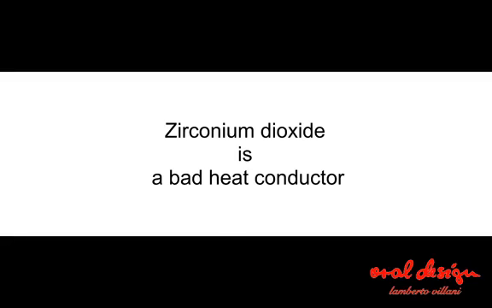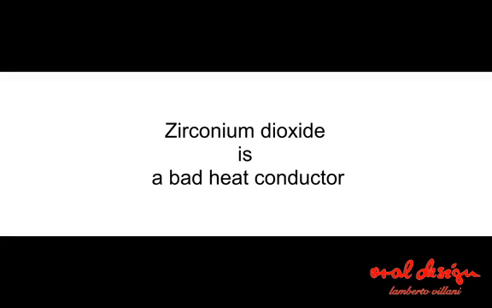So after baking the ceramic on your framework, you have ceramic very well baked outside, but inside, because of the bad conduction of the heat of the zirconia, you still have ceramic not very well baked, so you don't have a very good bonding.